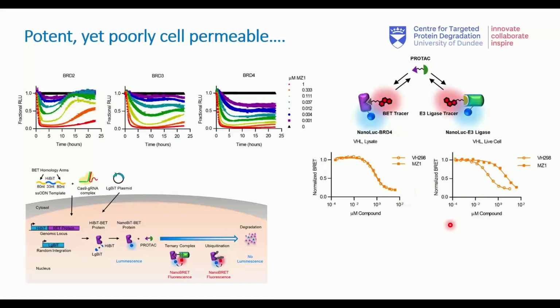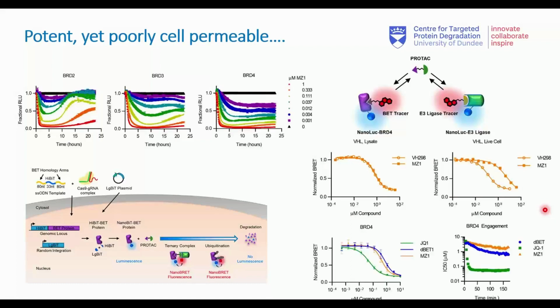But when we look at it in this live cell format, you can see that VH298 is still behaving as it would be in the lysate, but MZ1, as expected, as it's huge and there's loads of hydrogen bond acceptors and donors, is poorly permeable. Well, it's showing a right shift. Well, it doesn't bind a lot weaker, there's less of the compound getting into the cell.